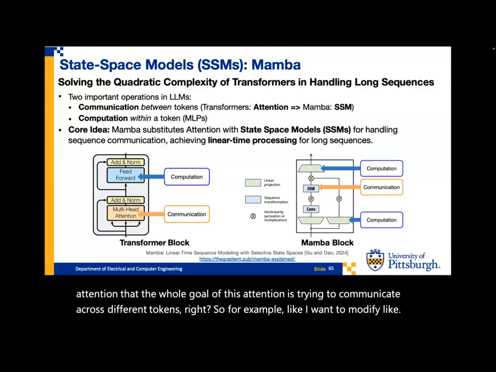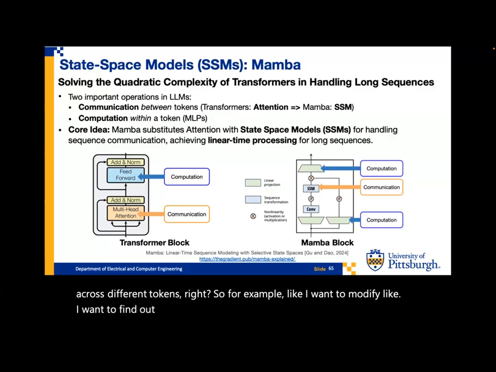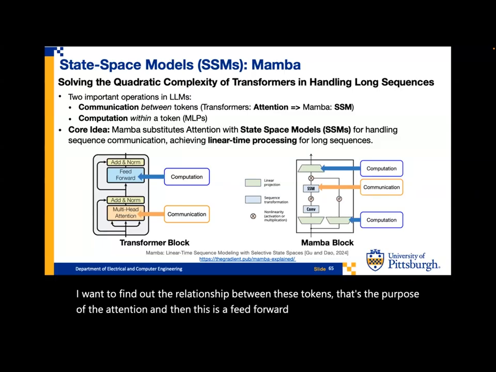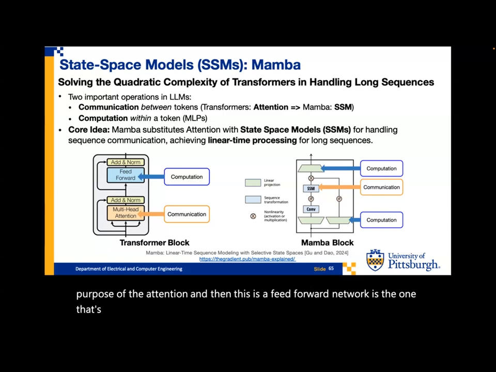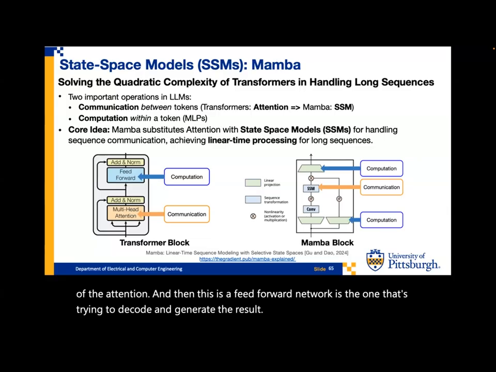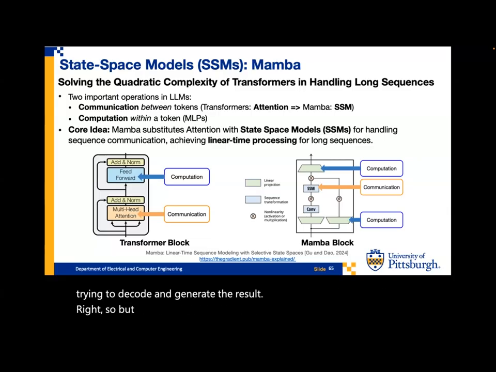I want to find out the relationship between these tokens. That's the purpose of the attention. And then the feed-forward network is the one that's trying to decode and generate the result, right?